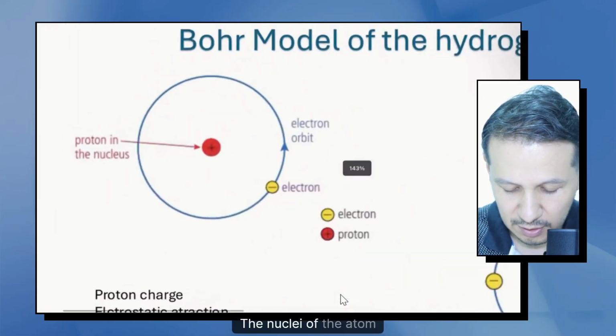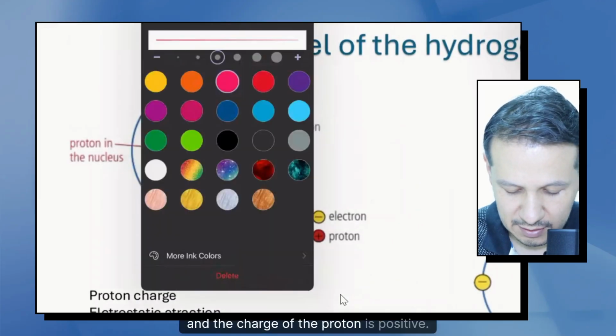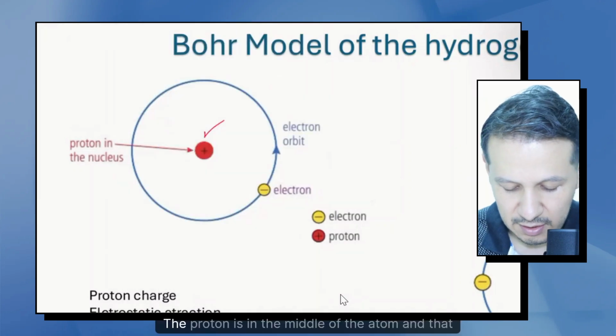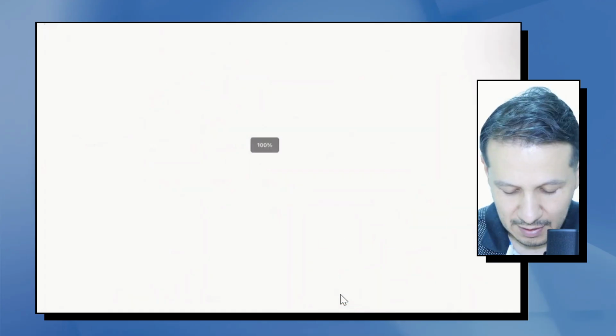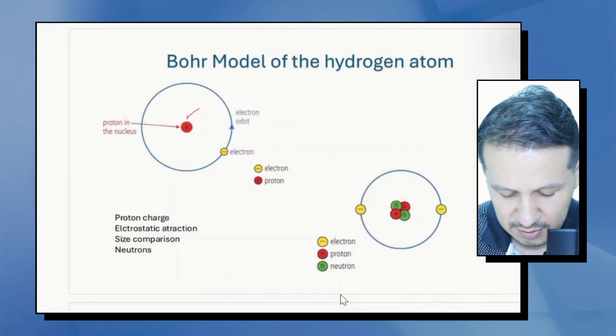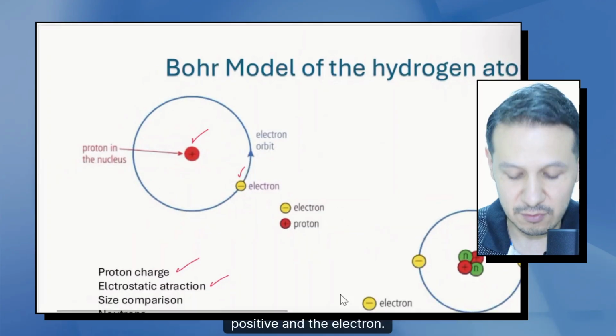In this Bohr model, the nucleus of the atom has a proton, and the charge of the proton is positive. This is something that we established. The proton is in the middle of the atom. There is an electrostatic attraction between the positive proton and the electron.